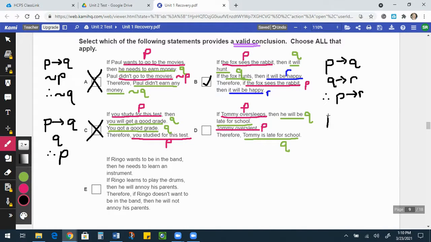If P, then Q, P, therefore, Q. All right, once again, go take a look at the laws you wrote down in your notebook and decide, does this argument match any of the laws?